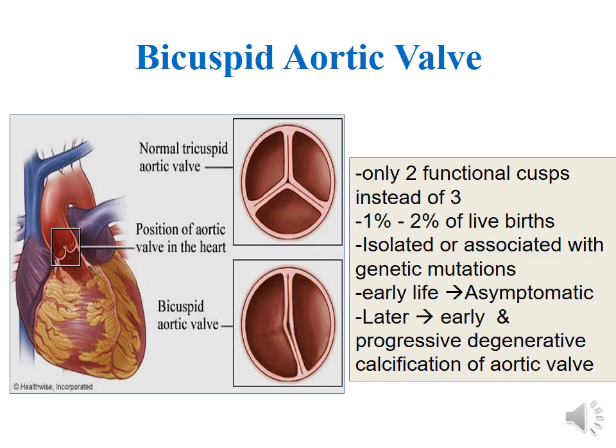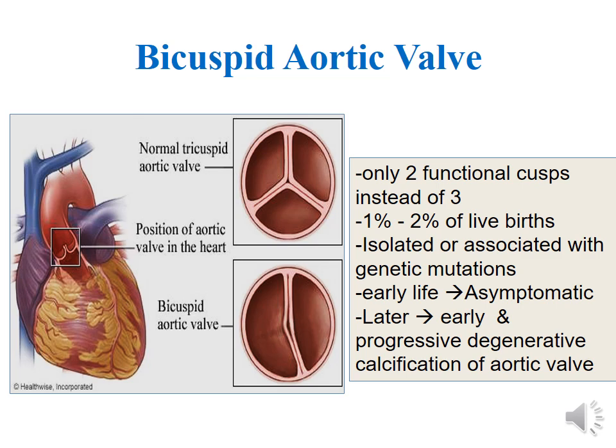Bicuspid aortic valve refers to the presence of abnormally two cusps instead of the normal three in the semilunar aortic valve. This condition affects 1 to 2% of all live births. It can be either an isolated abnormality or associated with other congenital anomalies.